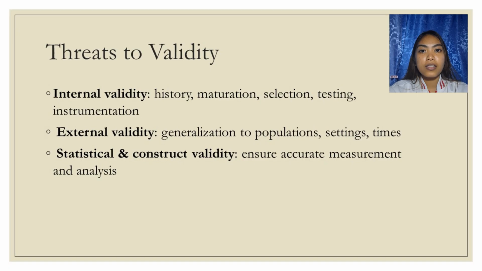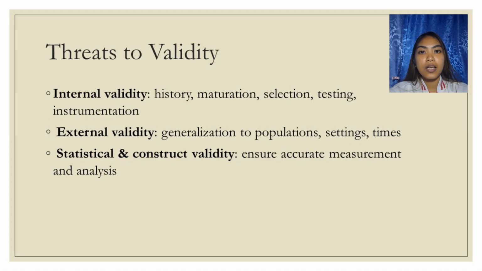There are also threats to statistical conclusion validity, involving low power or violated assumptions, and construct validity, involving inadequate definitions and measures. The procedures section outlines the step-by-step process of conducting an experiment, such as administering pre-test, assigning participants, implementing treatments, administering post-tests, and comparing groups statistically.